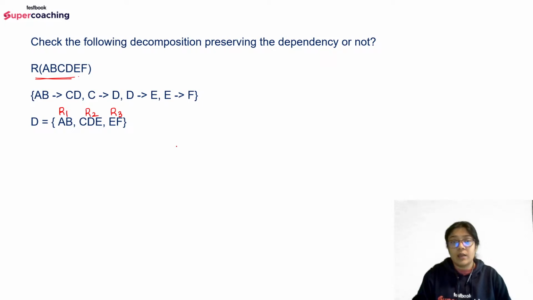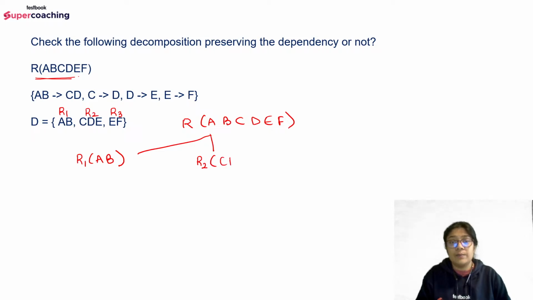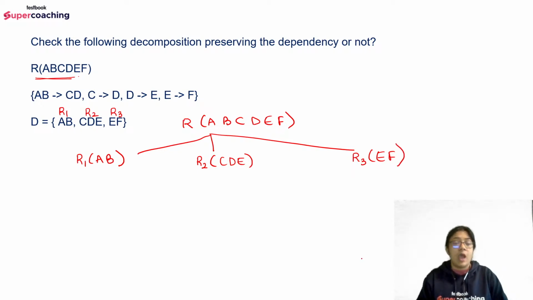So relation R having the attributes A, B, C, D, E, F, and this is decomposed into subrelations R1 having attributes A, B, R2 having attributes C, D, E, R3 having attributes E, F. Now we need to find out whether all the dependencies are preserved by the decomposed subrelations or not.